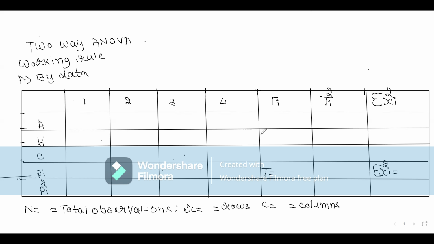If you press number 1, you can get summation of x square. And if you press 3, you can get summation of y square. This value you are getting. Then I want this value. For this, you can press 2. If you press 2, you can get summation of x.